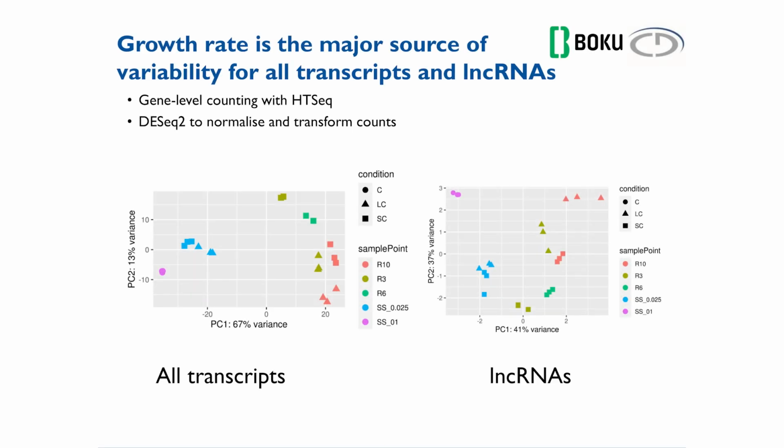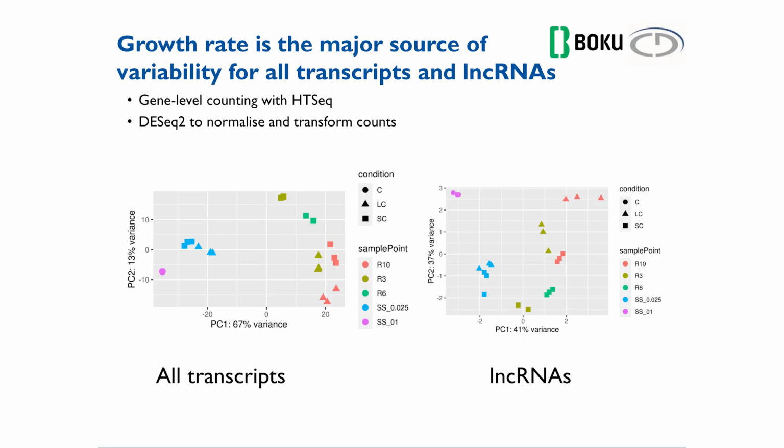Do we see any difference in their expression levels according to growth rate? So I performed a gene level based count of our whole transcriptome, and what we'd hope to see in this experiment is a separation of the sample points according to the growth rate.